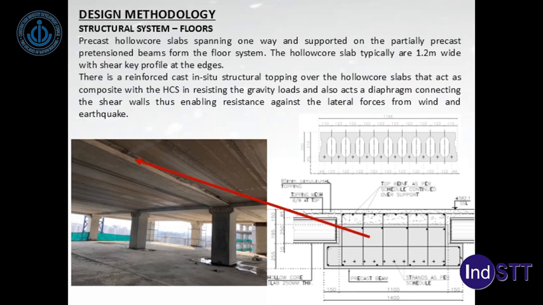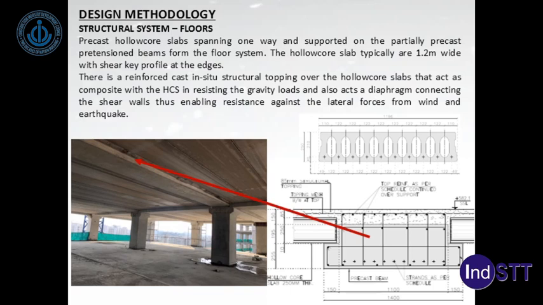The design methodology, if we start with the floors, as we can see here, the precast hollow core slabs spanning one way are supported on the partially precast pre-tension beams forming the floor system. The hollow core slabs are voided slabs and are typically 1.2 meters wide.